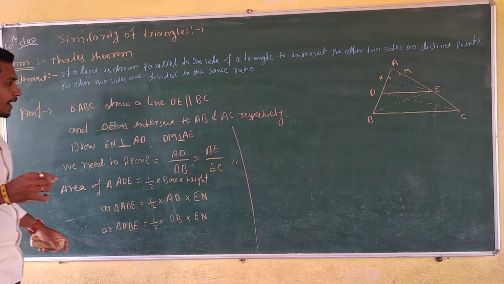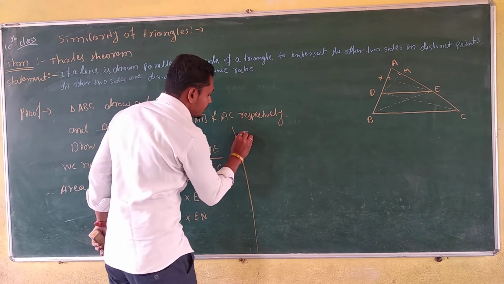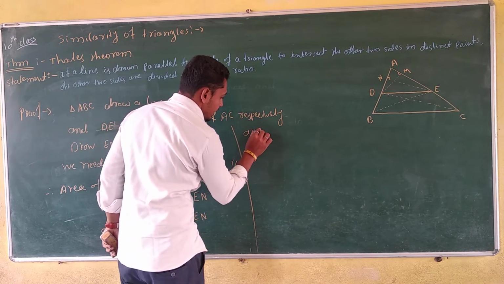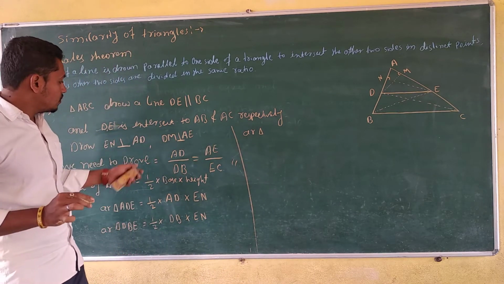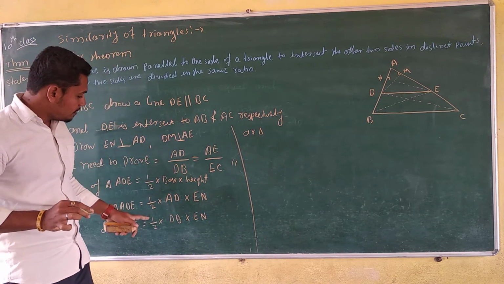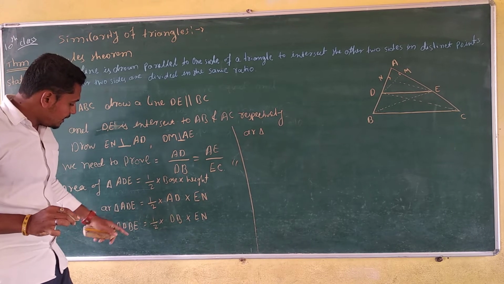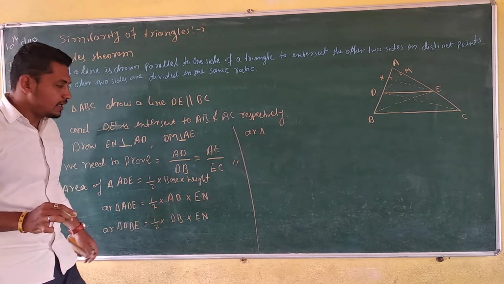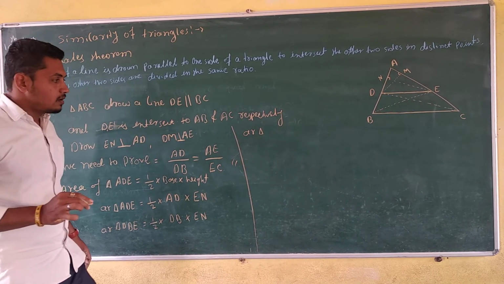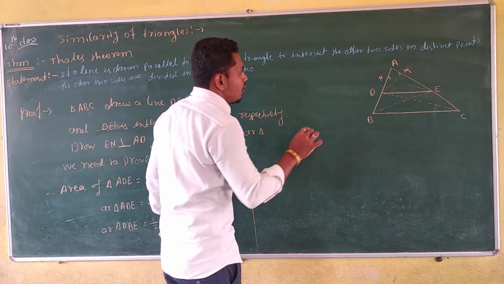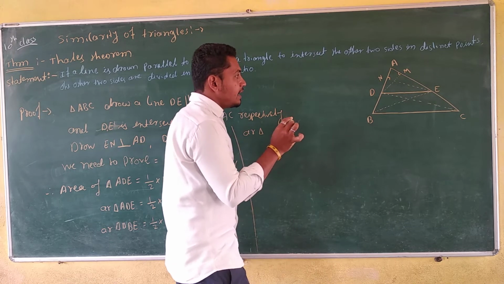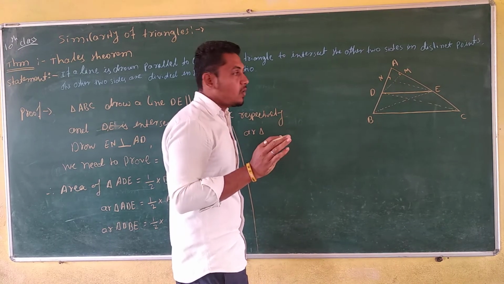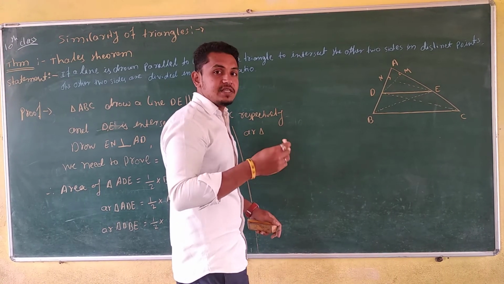So you take that formula, and next we have to find the areas of triangle ADE and triangle DBE. Now we have to find the area of triangle ADE, but you have to take a different base.